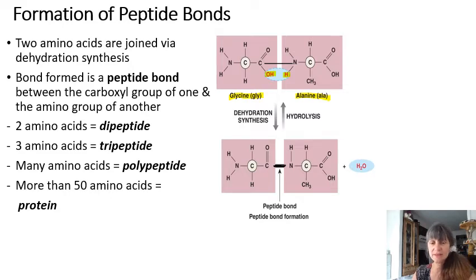Two amino acids joined by a peptide bond forms a dipeptide, and we also have water as a result in this process. If we had 3 amino acids joined together, it would form a tripeptide. Many amino acids makes a polypeptide, and more than 50 amino acids is the beginning of our protein.